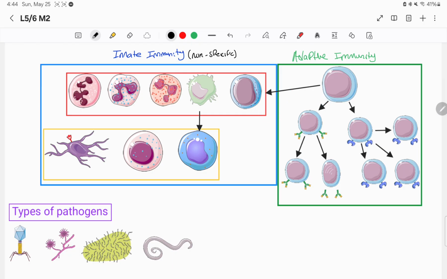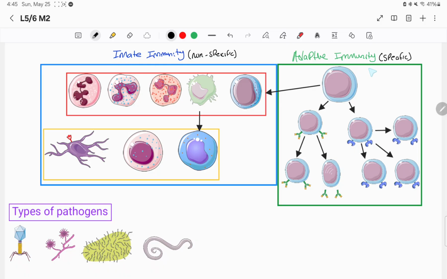Now adaptive immunity is very specific, meaning that it can target extremely specifically the pathogen that it is targeting. Whereas with the innate immunity, let's just say you're getting a flu or you're getting infected by something, every time you get infected by that exact same thing, it's almost as if it's a completely new infection to the innate immune system.